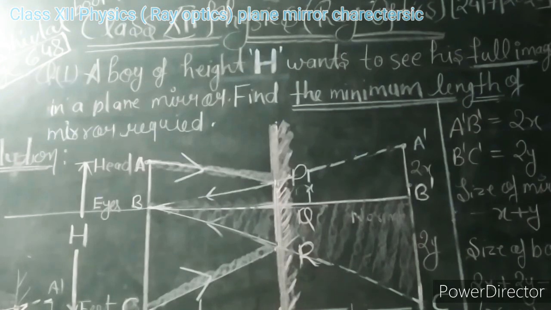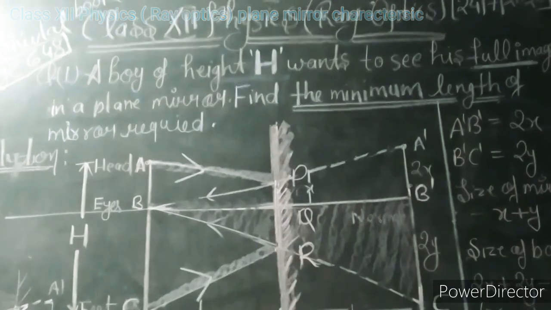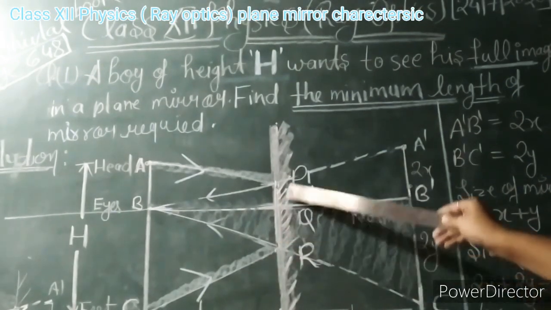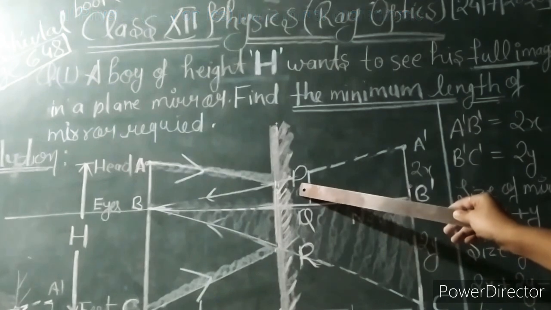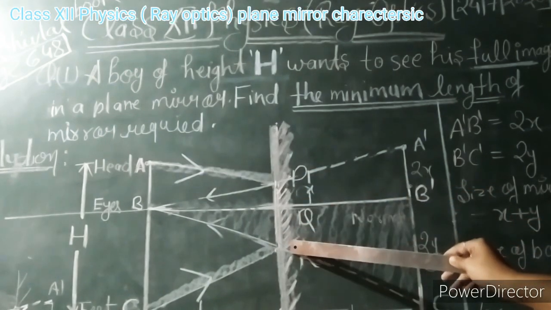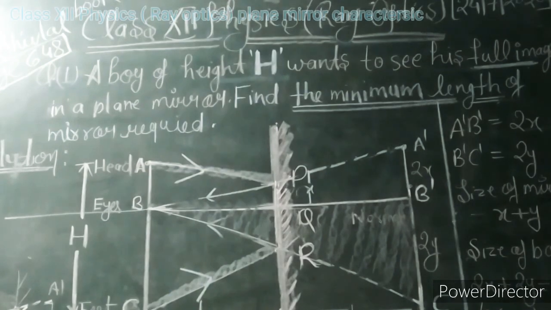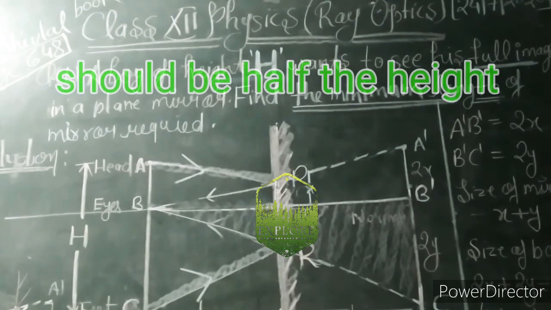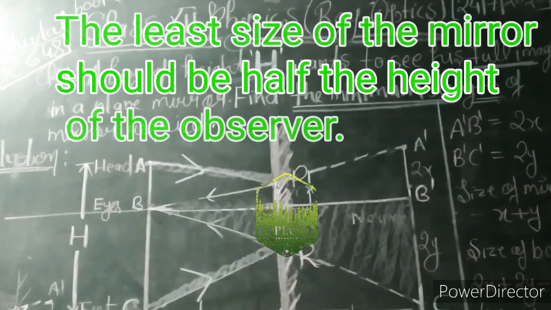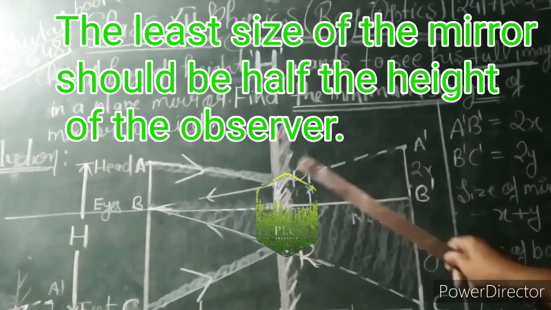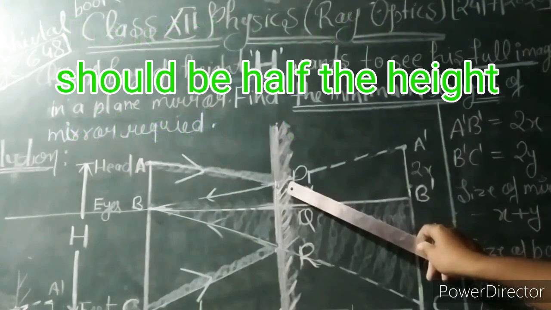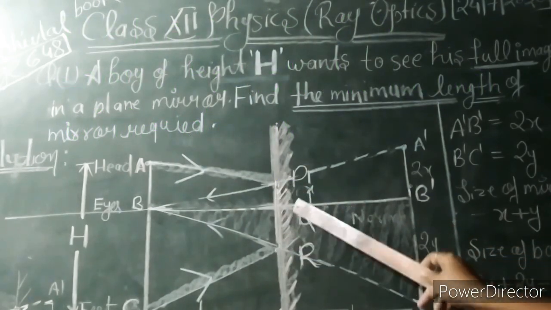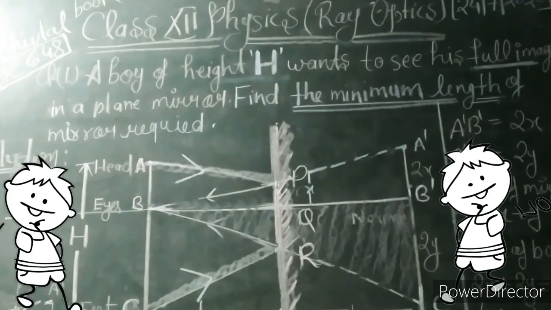Hence, to see his full image, the least size of the mirror should be half the height of the observer. The lower end of the mirror should be just in line with the midpoint between the eye and the ground. So in conclusion, if a person wants to see his full image, the least size of the mirror should be half the height of the observer.